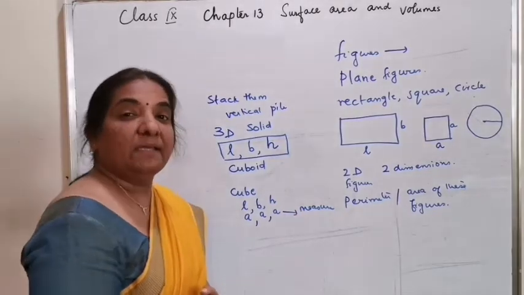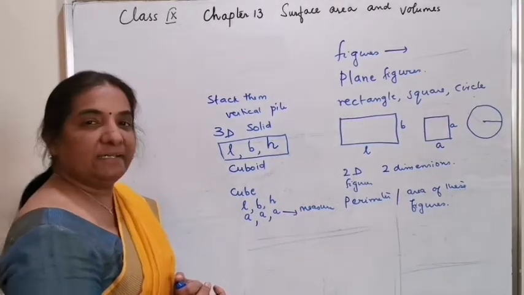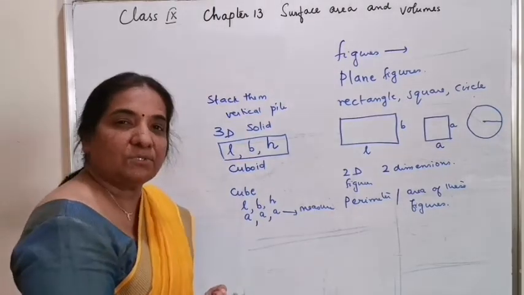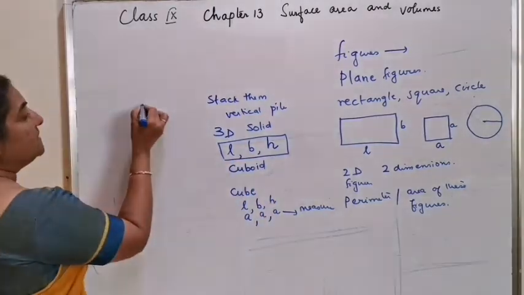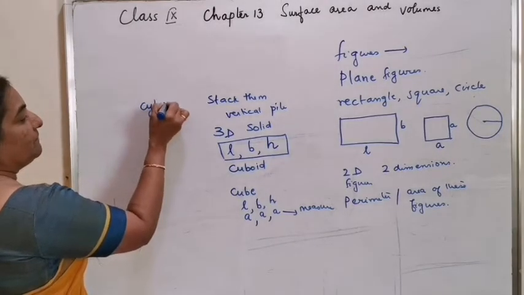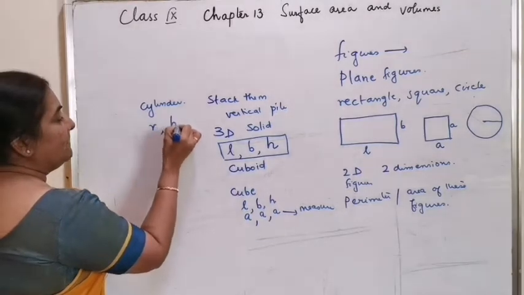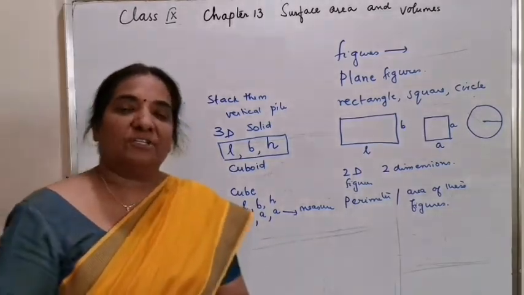What will be the three-dimensional solid formed by circular cutouts? It will be a cylinder, with a radius, and there will be a height for this cylinder.